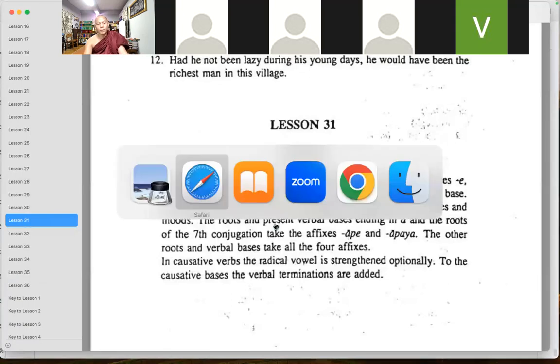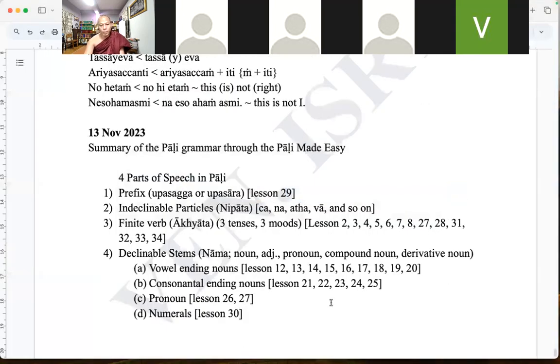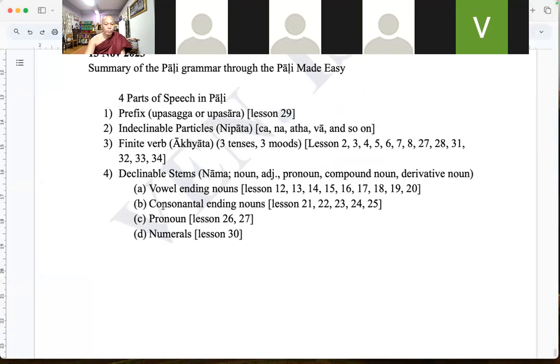So in this way, we can summarize Pali through the Pali Easy grammar. So these are, their way of declension is a bit different. That is why in this way, 4 groups. But in traditional grammar, those nama in other way.